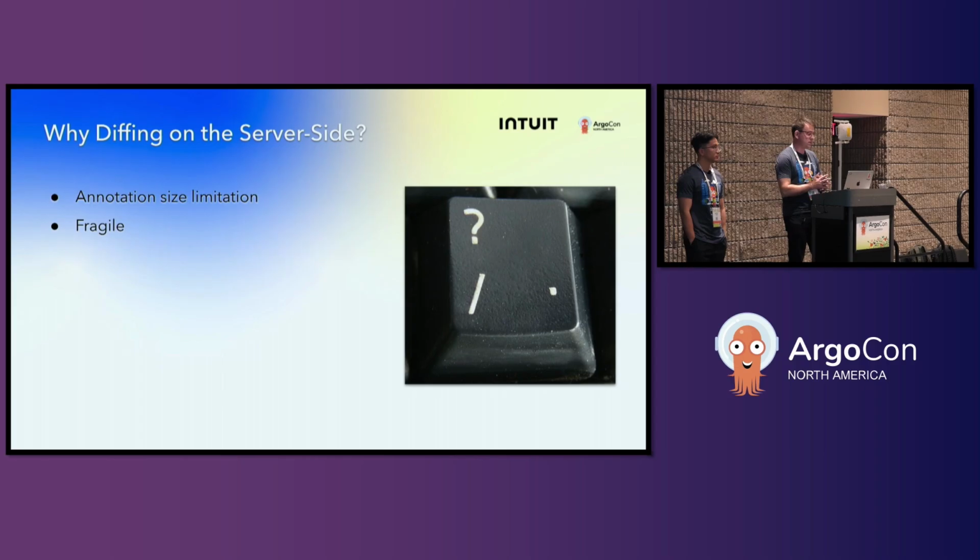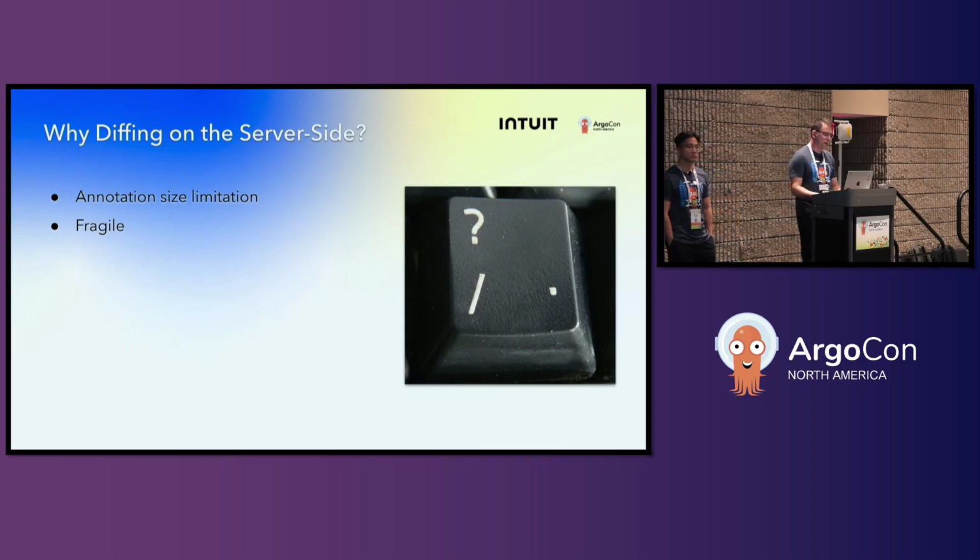Second problem is somehow fragile, right? And what I mean by that is, imagine that Argo CD uses kubectl as a library behind the scenes when it applies, so that last apply configuration is updated. But let's say you have access to the production environment or whatever environment, and you have access to your shell. You do through your CLI kubectl apply, and maybe you want to change something that you don't want to be managed by Argo CD.